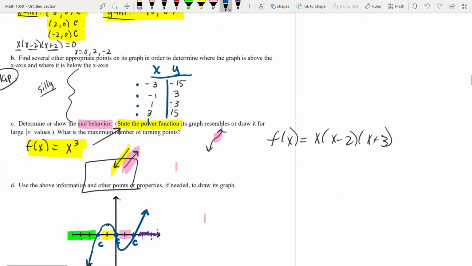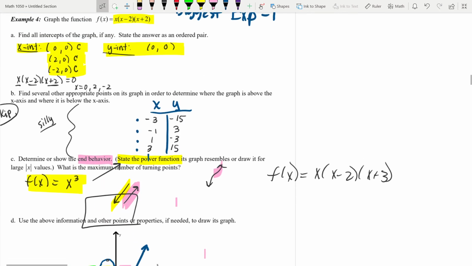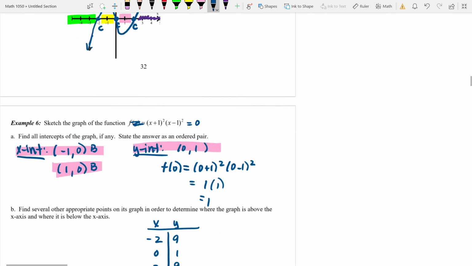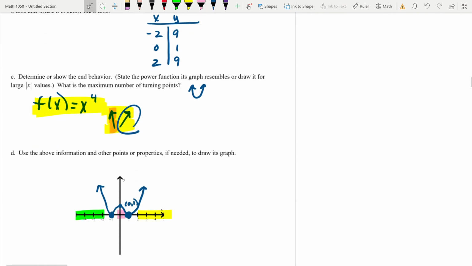Okay, let's go back over to B. C. What's the maximum number of turning points? The answer is 2. Biggest exponent is 3. 3 minus 1 is a 2. It's very easy, but I'm sure it will be on your midterm. The next one.